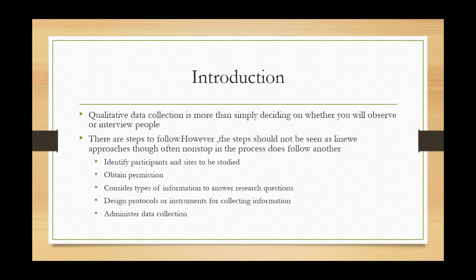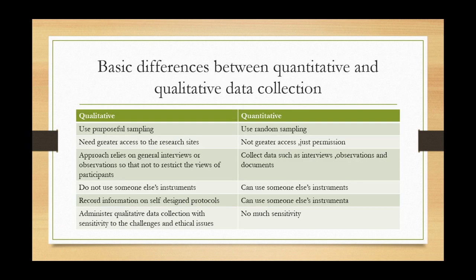At the same time, you need to design protocols or instruments for collecting and recording such information so that you can answer the research questions. And finally, you need to administer the data collection, with special attention to potential ethical issues that may arise. So those are the steps that you should follow while doing qualitative data collection.